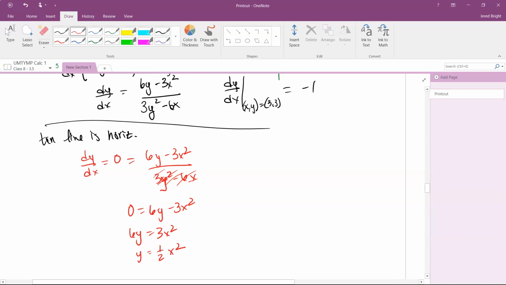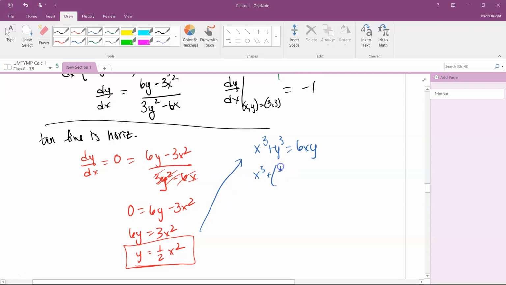So I need to find the points though, right? I know the relationship, I know what y is in terms of x, so now I need to look at my original relationship, which was x cubed plus y cubed is equal to 6xy. And I want to substitute this into that relationship.